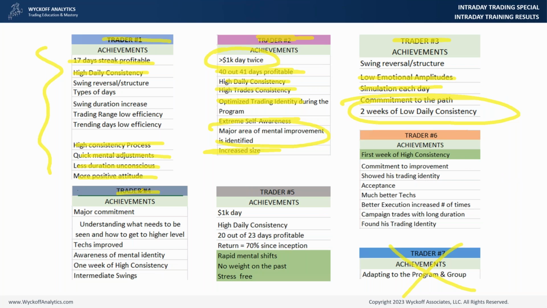Trader number 4, major commitment was made, understanding of what needs to be seen and done to get to that high level. Again, people come and they just don't know what to do. Well, you have to commit this way. Can you do it? And then obviously it's your choice, because when they come and I say you're going to spend 10, 12 hours a day, would you be able to?